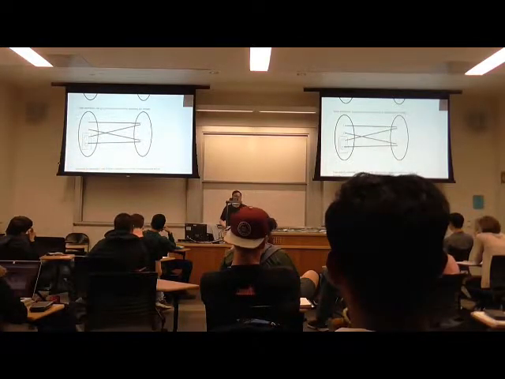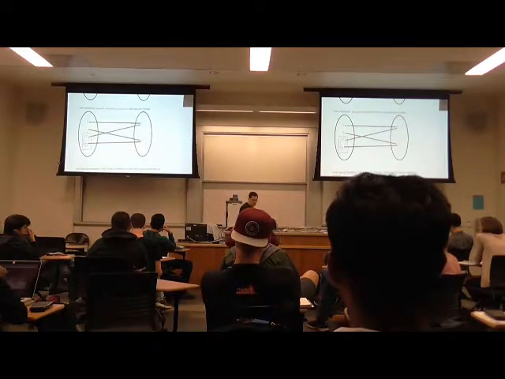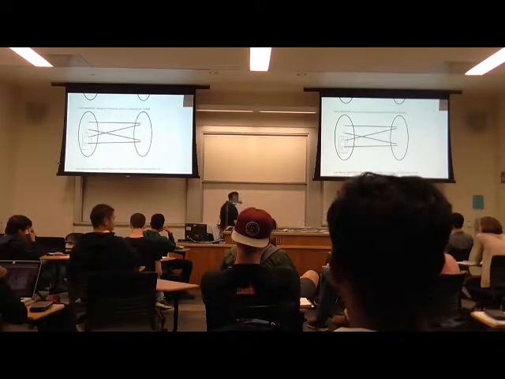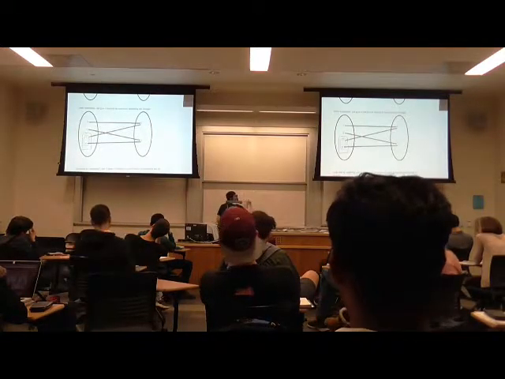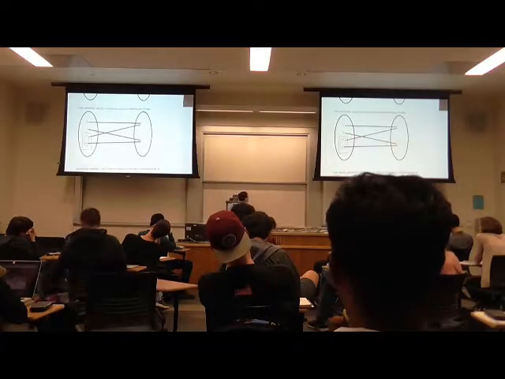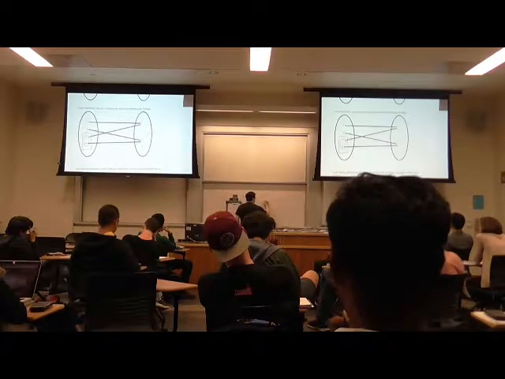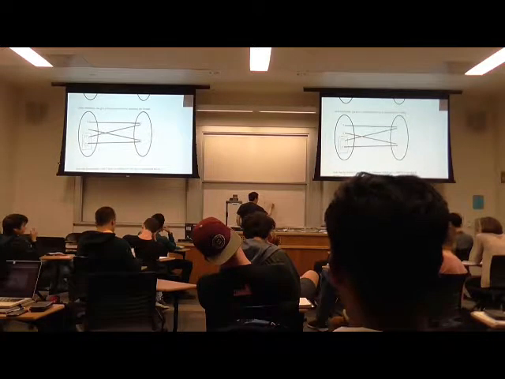Now, I know that's a little abstract. I want to show you how that works with this function. f of x equals x squared. As we said, the domain is the real numbers. The range is the real numbers greater than or equal to 0.